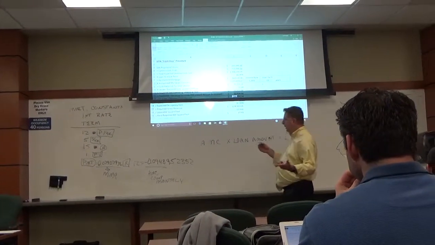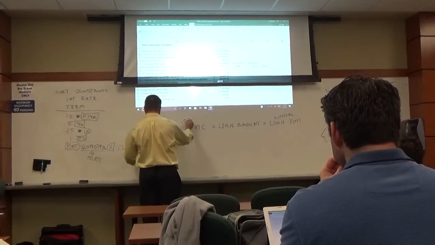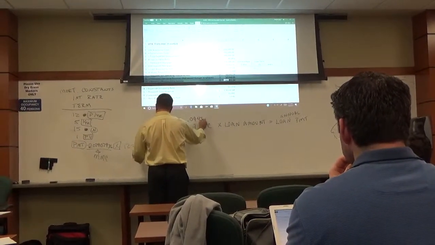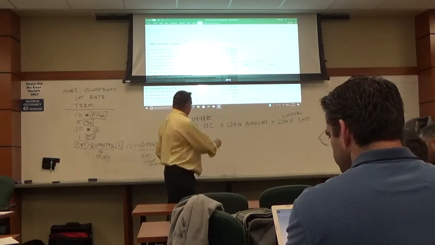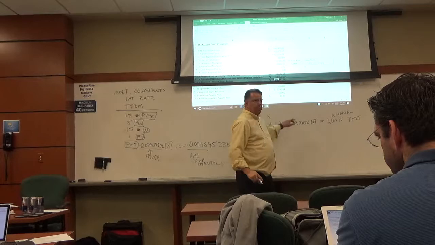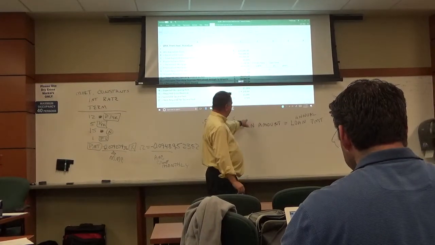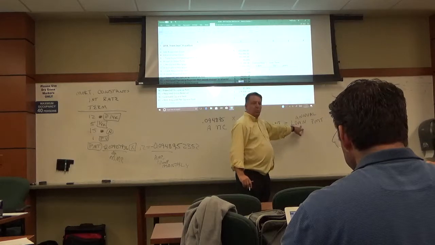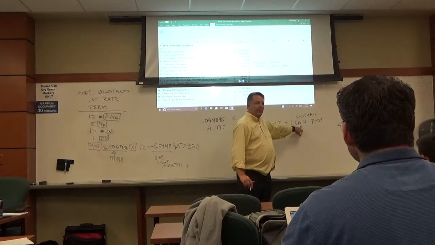So the beautiful part with this mortgage constant is we can put in 0.094895 and change, and then pick any loan amount, $1, $100,000, whatever, and that will instantly give us our payment. Does that make sense?